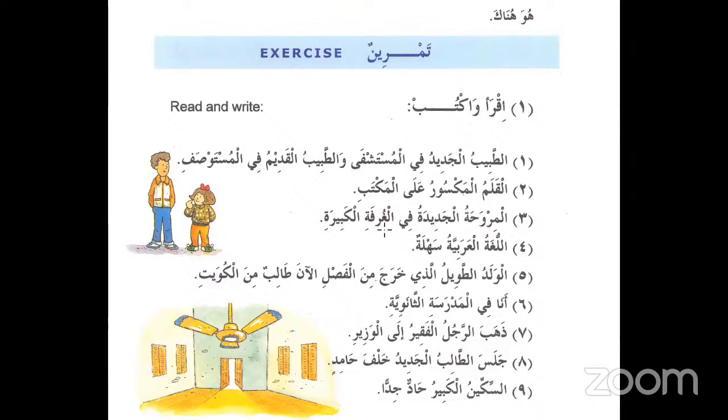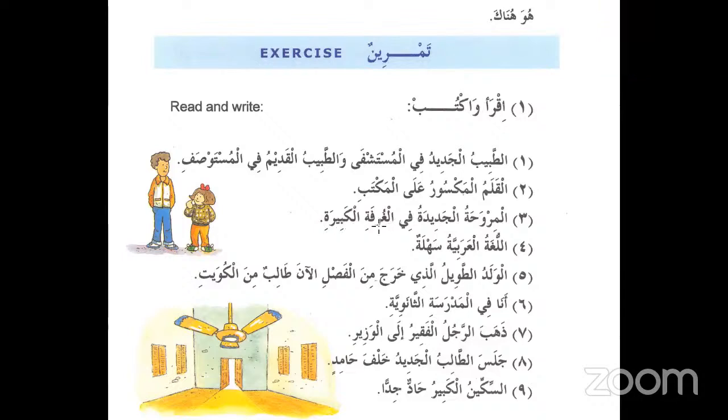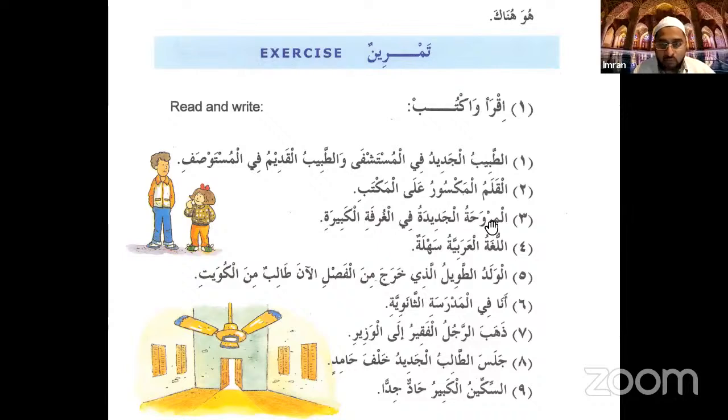The jar is fil, and al-ghurfati is majroor because it is getting a kasra, and even though it's getting a kasra, it is coming with an adjective as well. In the room, so the translation is: al-kabirati means the big. So the new fan is not in the room, it is in the big room.